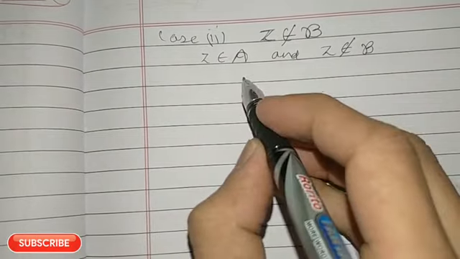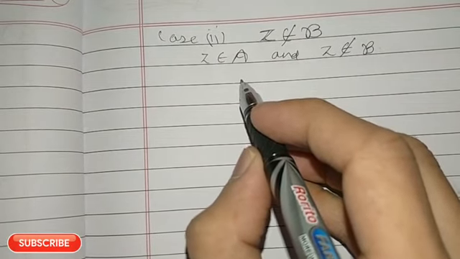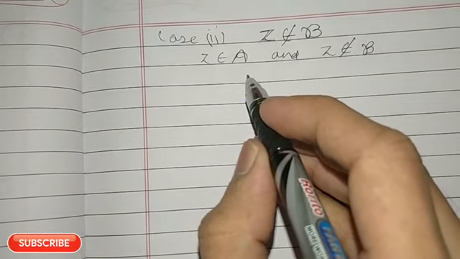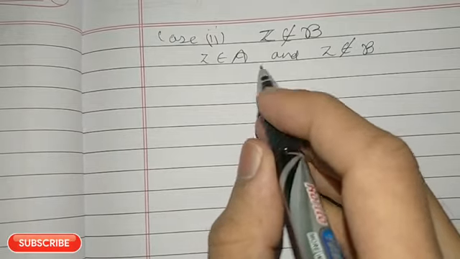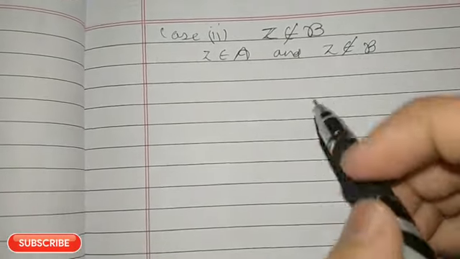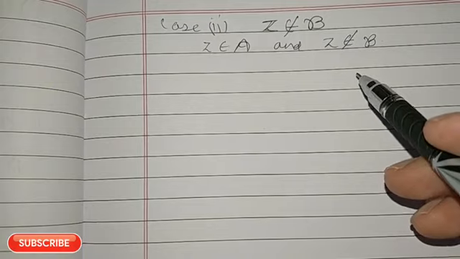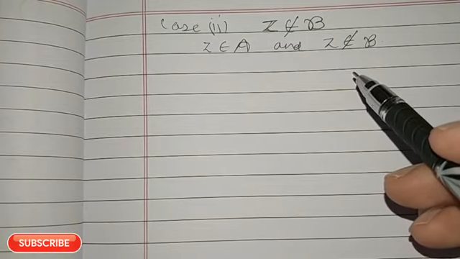Now this will give us what? What we have is Z belongs to A and Z doesn't belong to B, right?